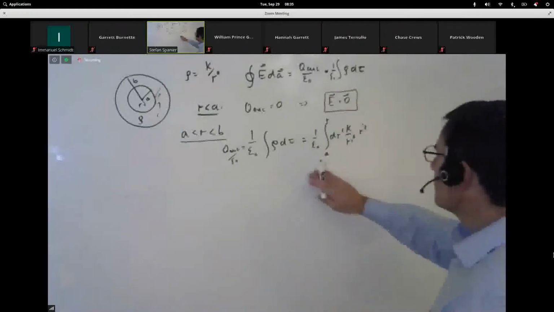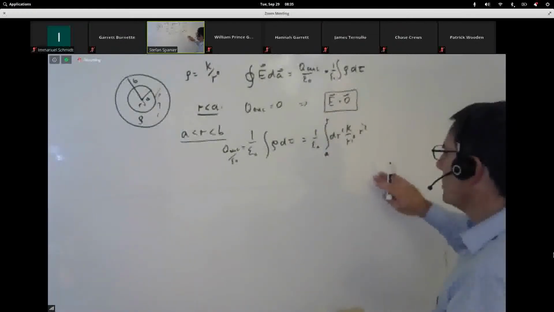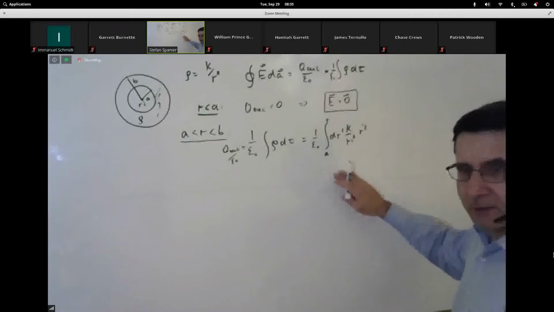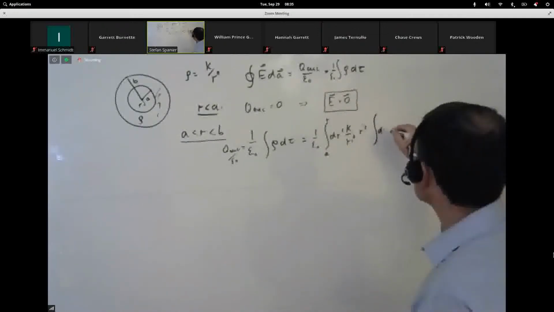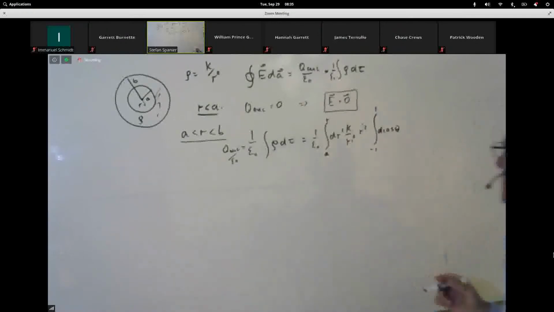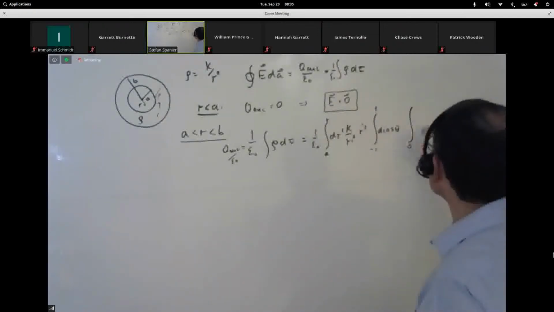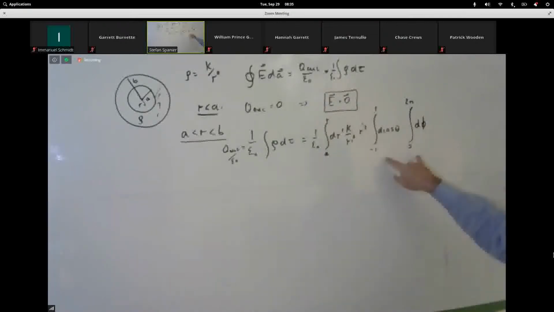The full volume element is r square dr, sine theta d theta, and d phi from 0 to 2 pi. Since there's no dependence, this gives us a 4 pi.